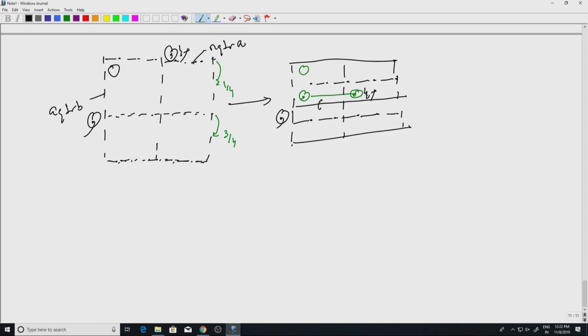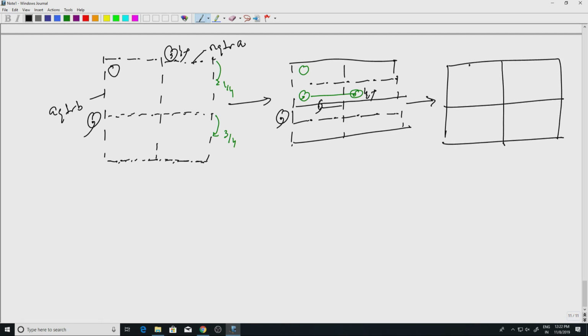Now the screw is coming at this place. Again this is shifted here. This gets reflected here, it goes here, then goes by half unit.